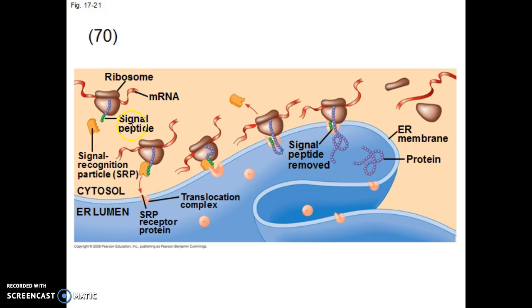So the signal peptide binds to an SRP, the SRP binds to a receptor protein, and that allows the ribosome to be bound to the ER. It pumps out the protein, and then it reaches its stop codon, which would be drawing in water. Everything falls apart. The ribosome is still out in the cytosol, and so is the mRNA, but the protein is now inside of the ER. And this is how we get proteins to the ER.